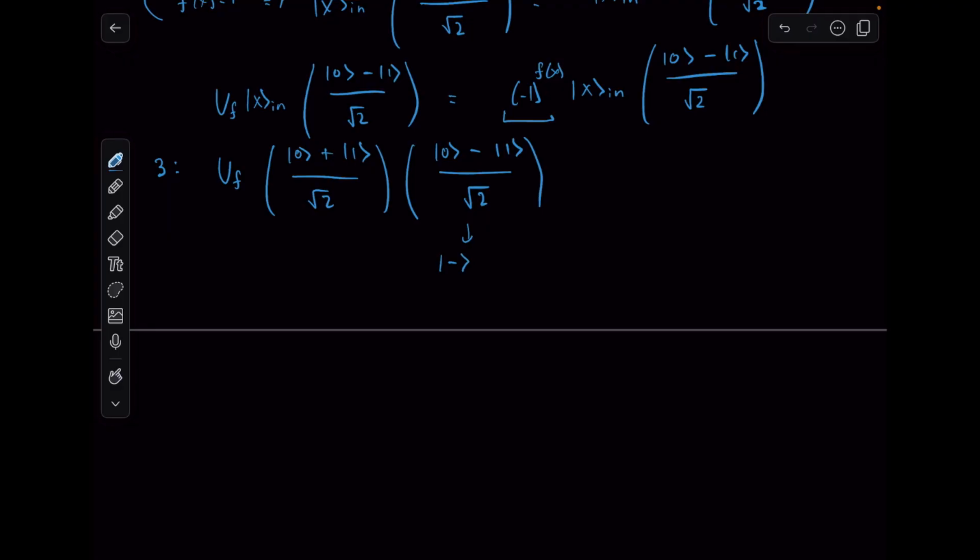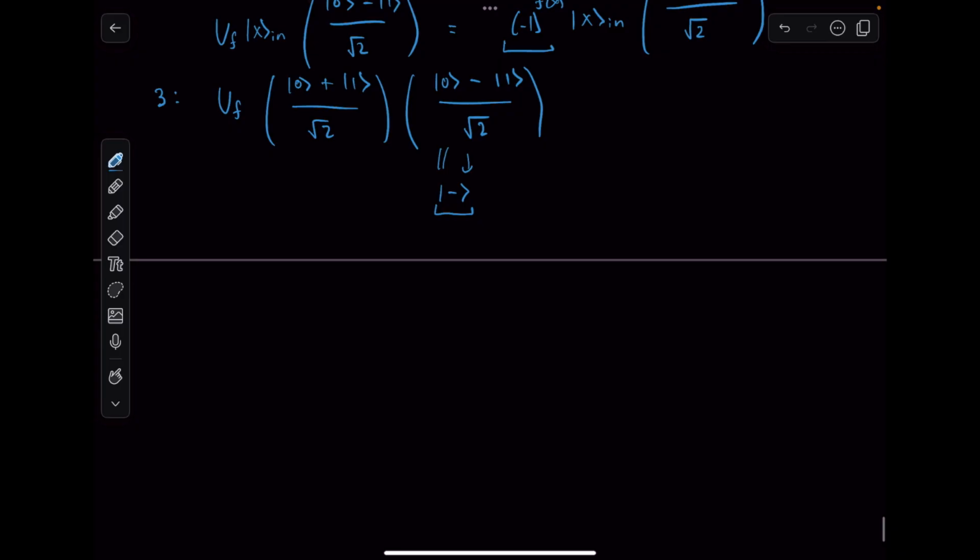And so now we have this equivalence between (0 minus 1) over the square root of 2, and we're just calling it this minus state. So just to be clear, U_f on the input times the minus state is negative 1 to the f of x, input times the minus state.